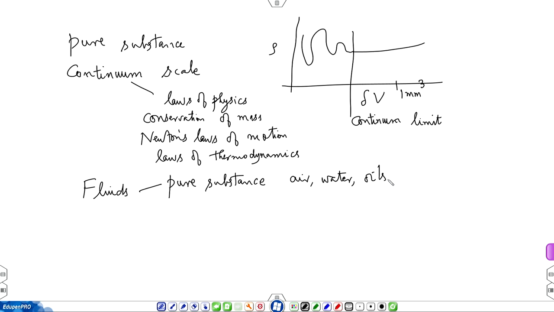So, behavior is somewhat complicated, but the treatment using the laws of physics continues to hold. See, these laws of physics are material independent. So, that we will comment upon later. So, right now the scope of the discussion includes air, water and oils.